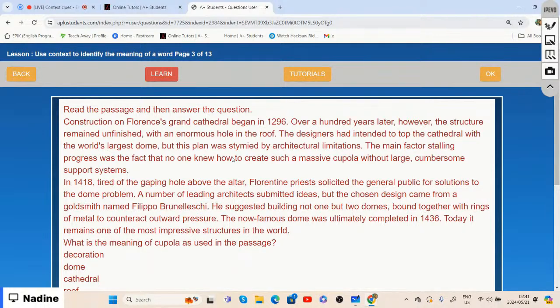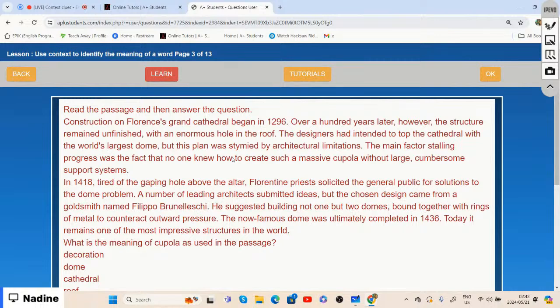Now we need to say what cupola as used in the text means. We need to look at the word cupola, especially within the context, and then try to find what the meaning of that word is.